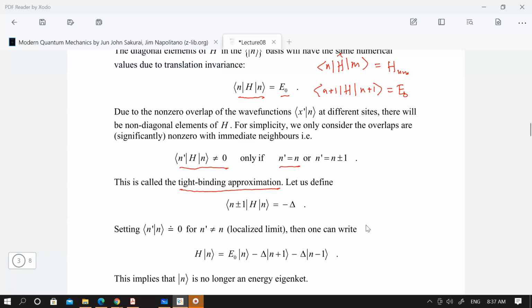Let's consider that this is actually equal to minus delta. This is where I got confused last time. Remember that these localized states are still the idealized ones, and for the idealized ones, you know there's no overlap.